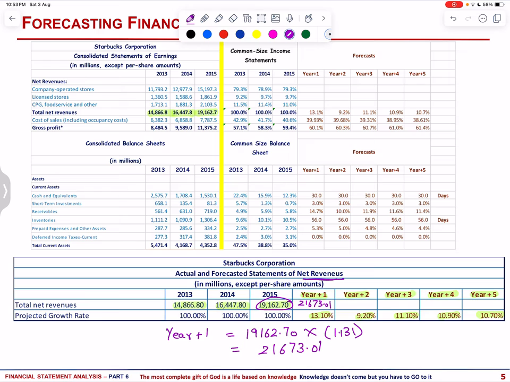For year number 2, the forecasted net revenue will be 23,666.93, then 26,293.96, 29,160, and finally 32,280.12.